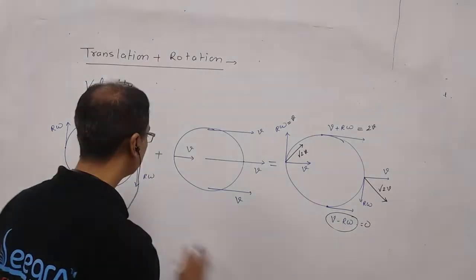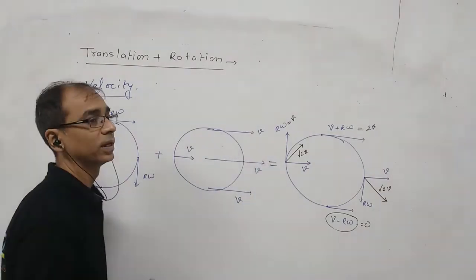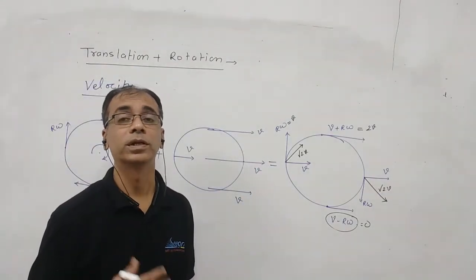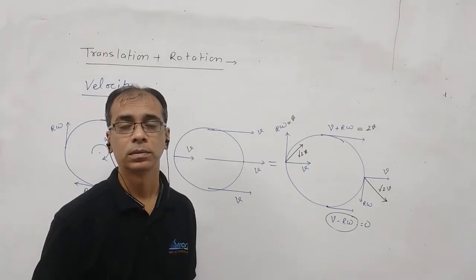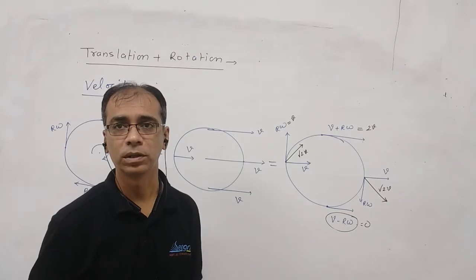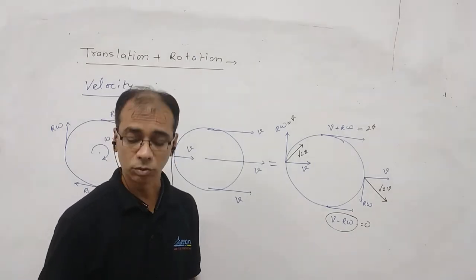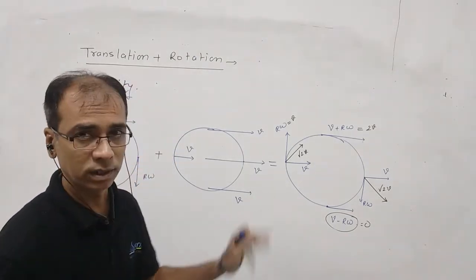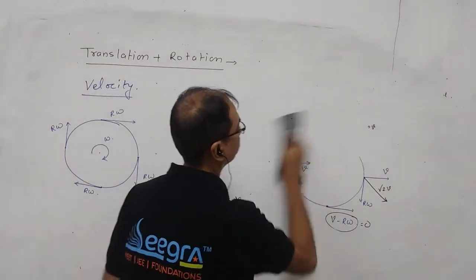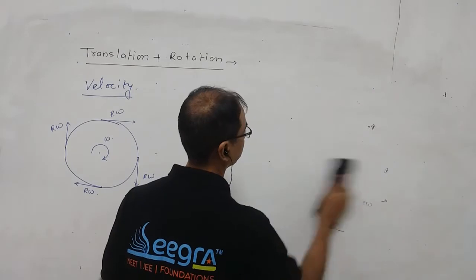Now suppose in this case itself, if I ask you, what is the velocity of a particular point after time t? Like we found the displacement case, here also I can ask you velocity after time t, right? So how to find it? This is clear, right? Let's see then, how can we find velocity of any particle after time t?